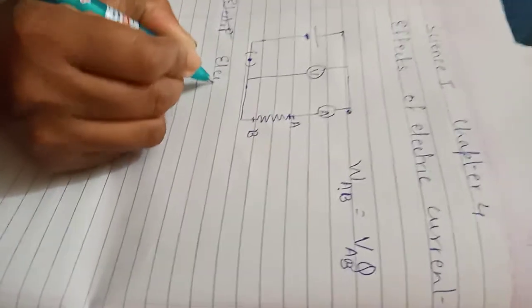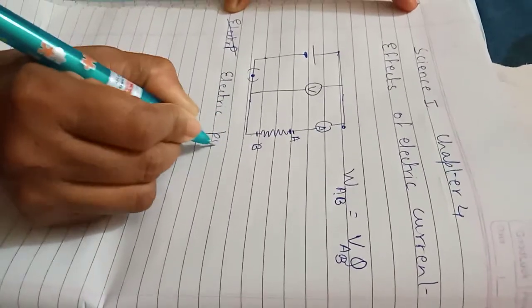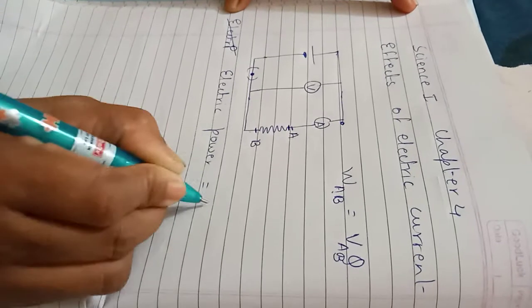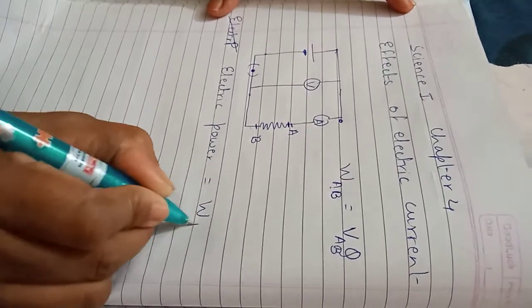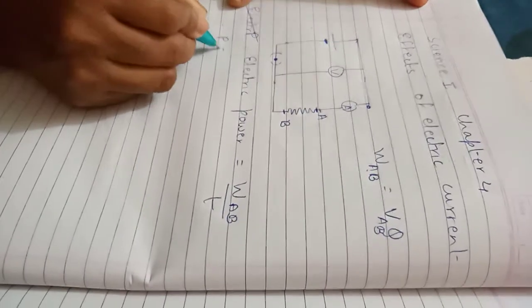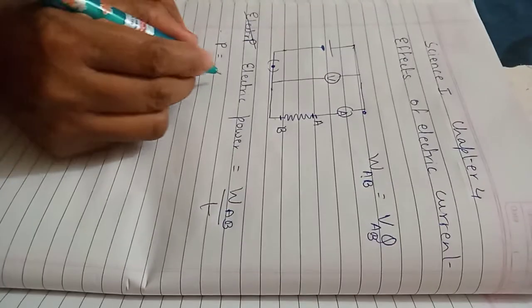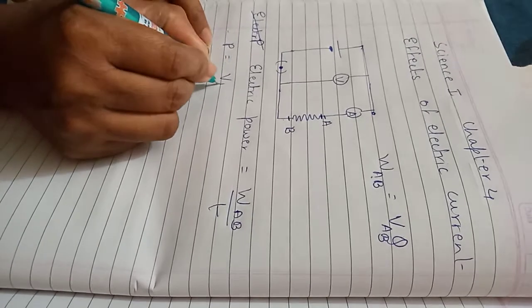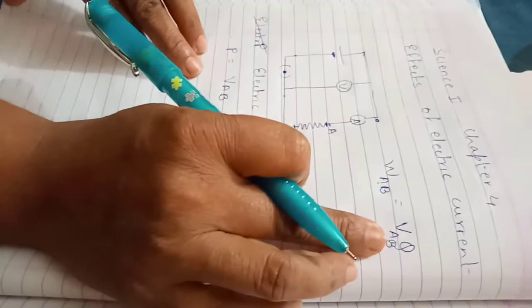Electric power, concentrate now. Electric power is what? Basically, it is work upon time. Therefore, electric power is denoted by the letter P, which is WAB upon T. WAB is what?